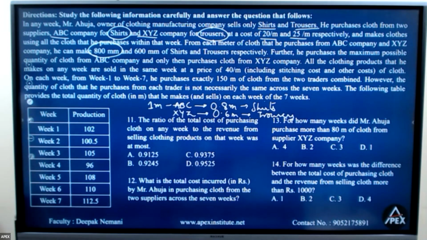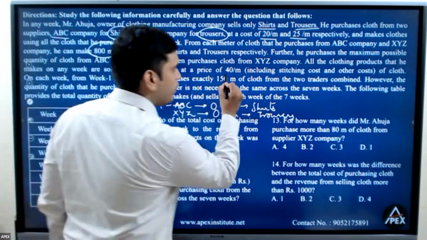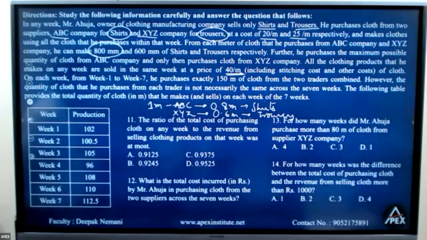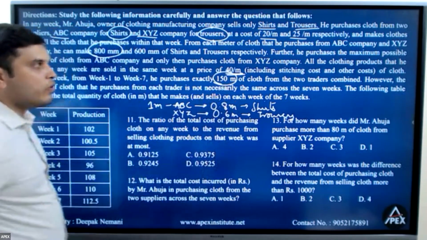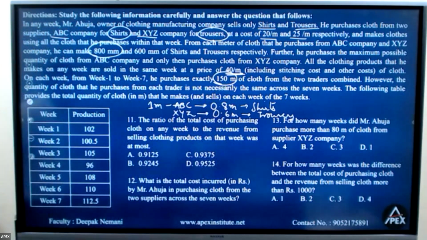Okay. So all the clothing products that he makes in any week are sold in the same week at a price of 40 rupees per meter, including stitching and other costs of cloth. So on each week from week 1 to week 7, he purchases exactly 150 meters of cloth from the two traders combined.